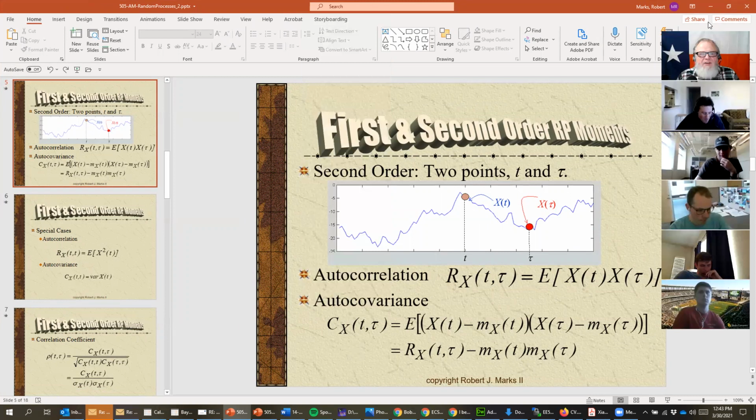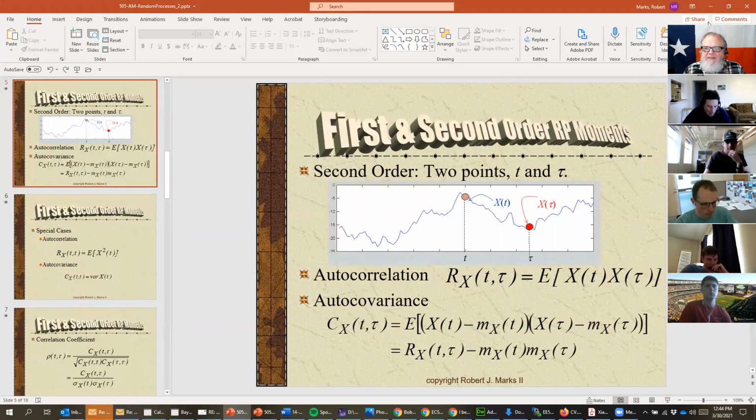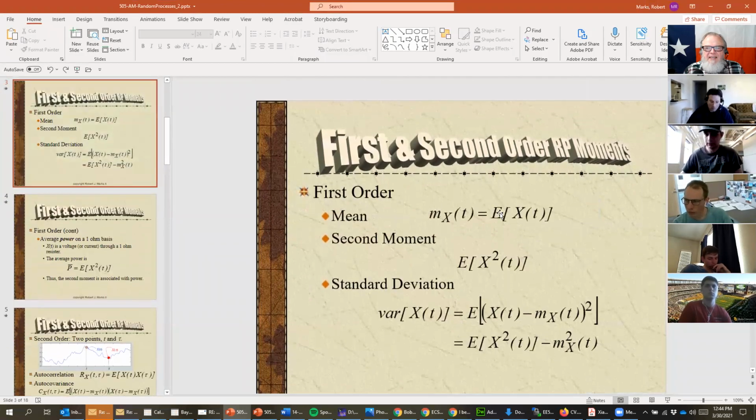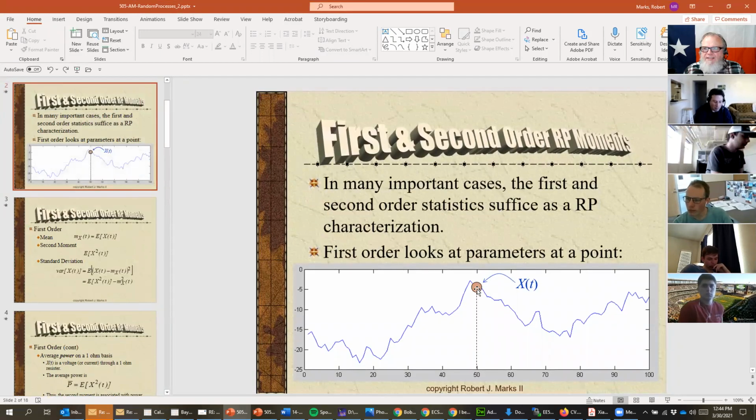Okay, last time we were talking about stochastic processes, and we said that in order to totally characterize any stochastic process, you need to know things like the first order statistics. What's the first order statistics? That's when you just look at a single point in the stochastic process. A single point in the stochastic process is a random variable.